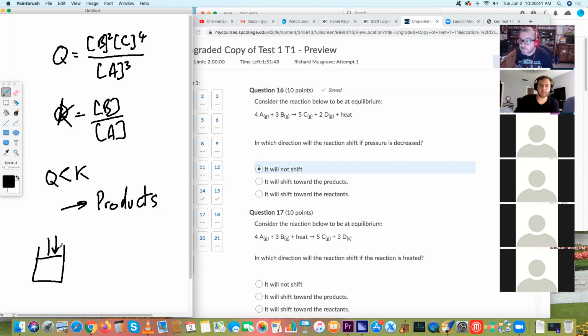The volume's just going to decrease if there's more pressure coming down onto the piston, and it'll go to the side that has fewer gas molecules. So think of it that way. You've got to think of the whole reaction and what it's doing in order to compensate for that stress. In this case, it won't do anything because changing the pressure won't have an effect. Is that okay? Any other questions?